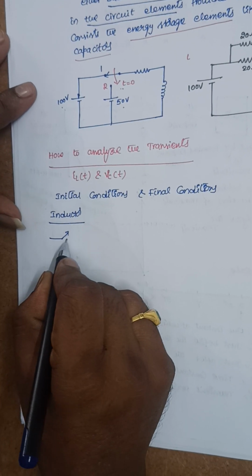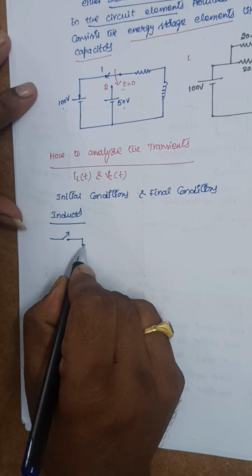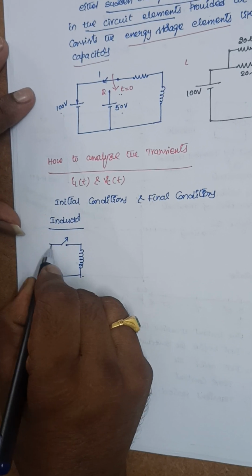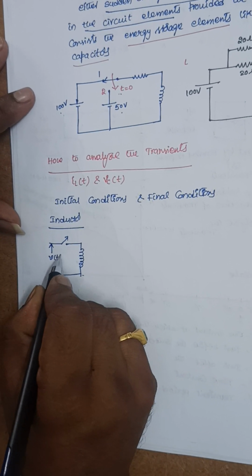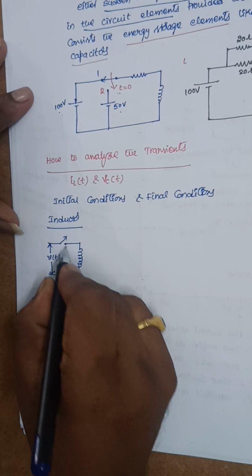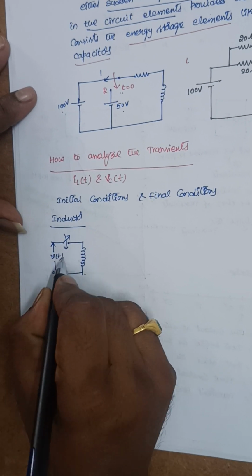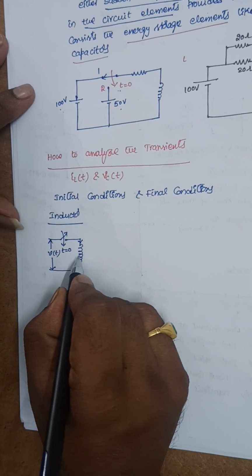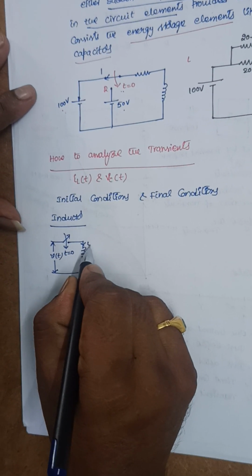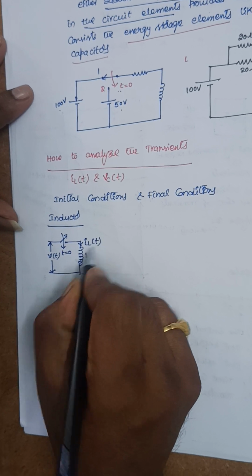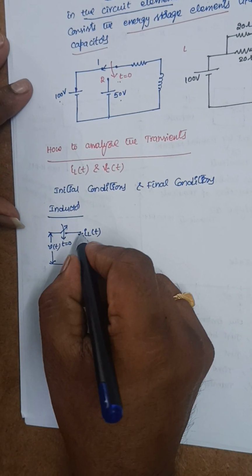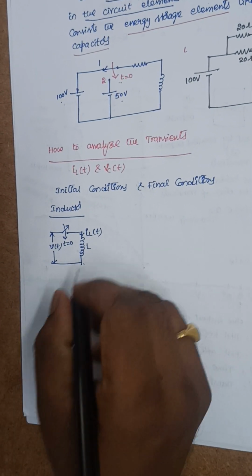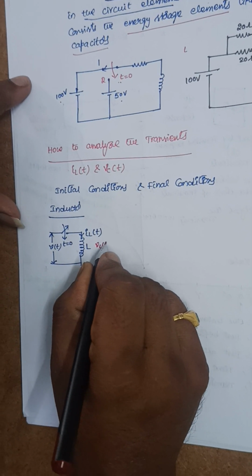It is a switch. This is an inductor, and we are applying some supply here, V of t. Whenever the switch is on, at t equal to 0, the current will circulate through this inductor. Let us take that current as iL of t. Because of the current flowing through this inductor, there will be the production of this voltage, vL of t.